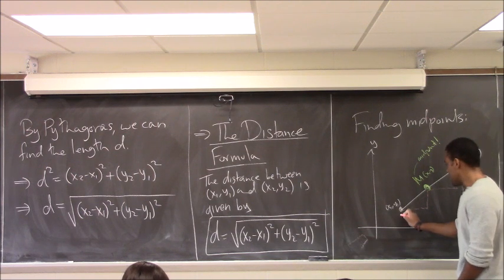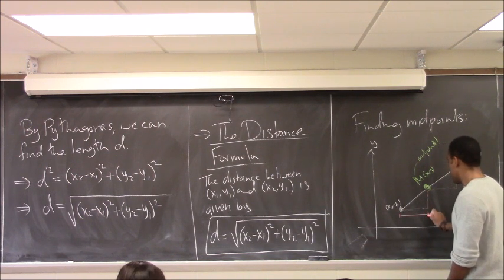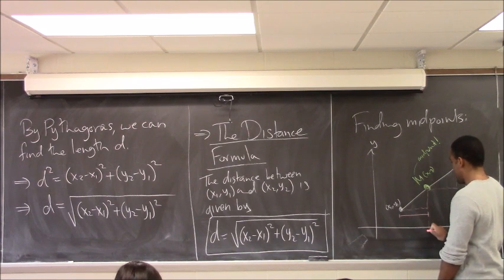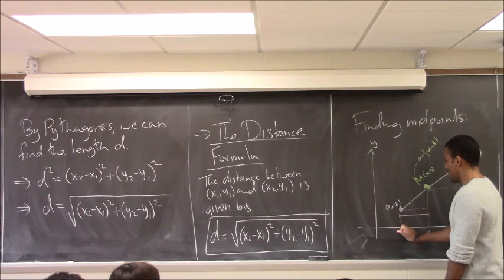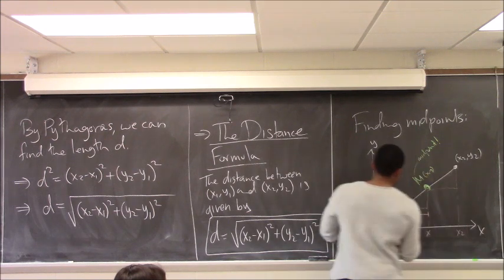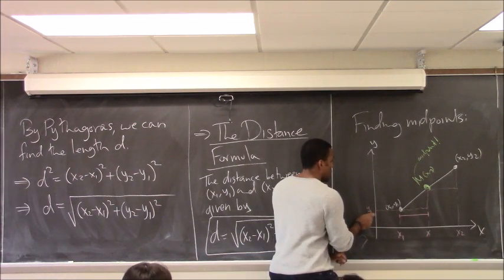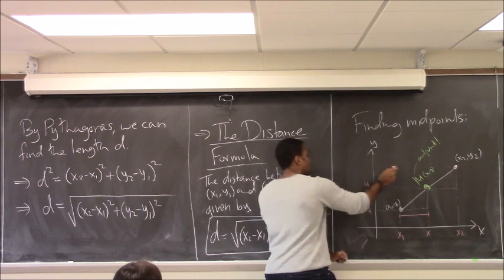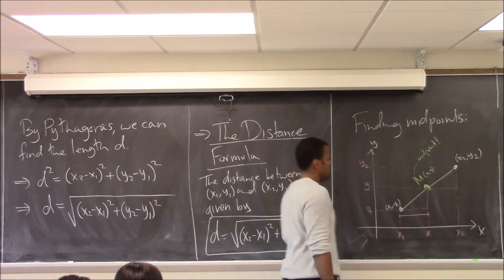What you would notice is that this distance here is going to be the horizontal. This is at location x1, this is at location x2, this is at location y1, this is at location y, this is at location y2.